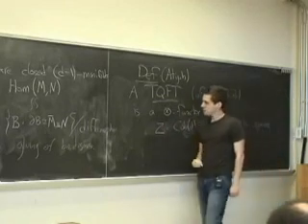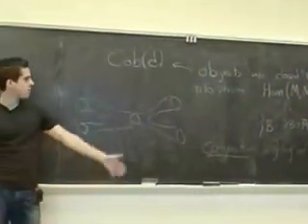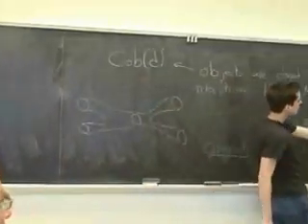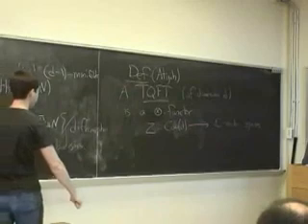When I say tensor functor, I mean a functor that preserves tensor products. The tensor product on the right-hand side is the usual tensor product of vector spaces. The tensor product on the left-hand side is given by disjoint unions of manifolds.